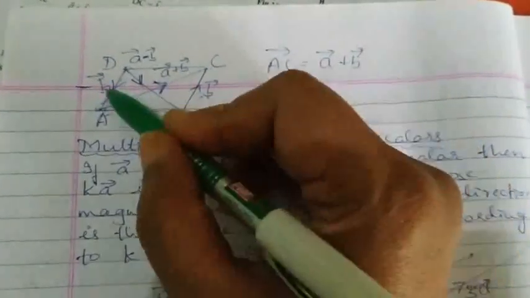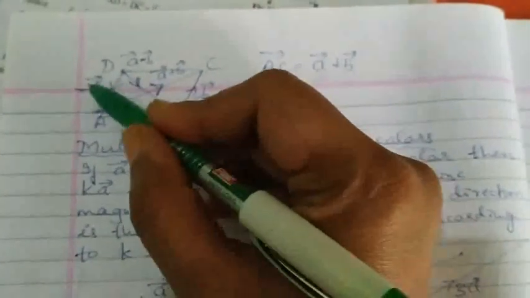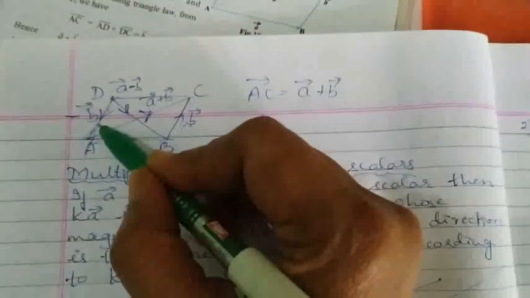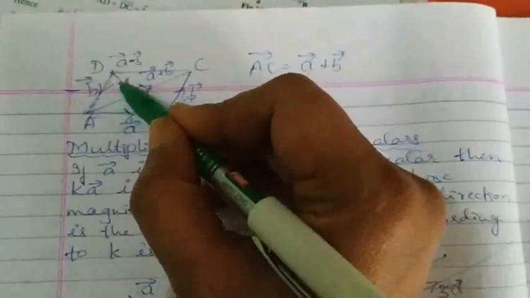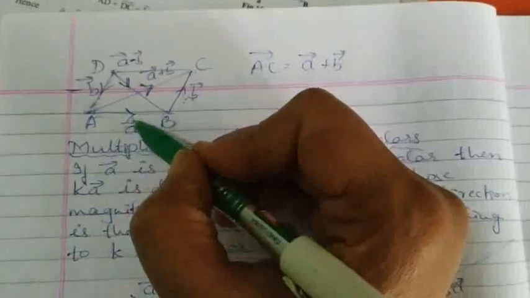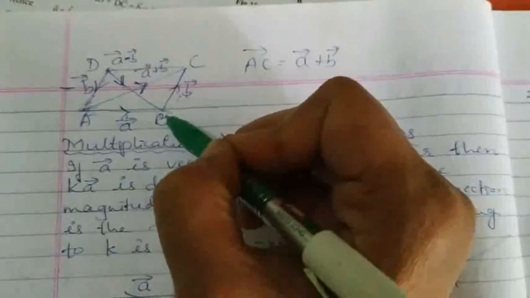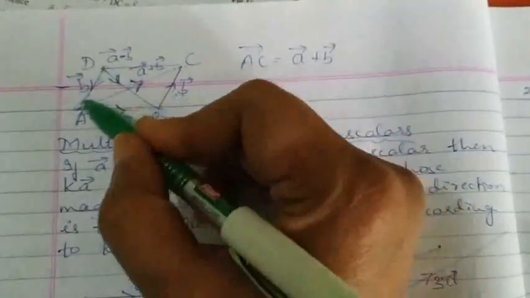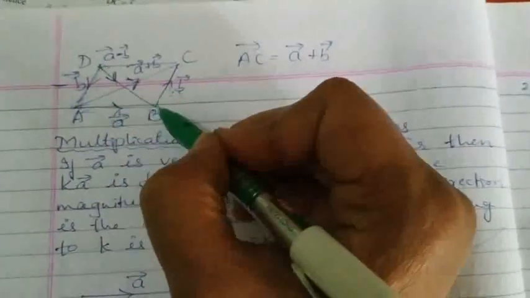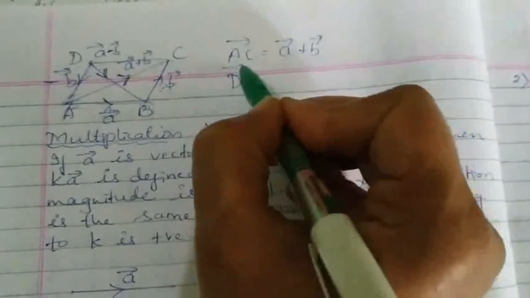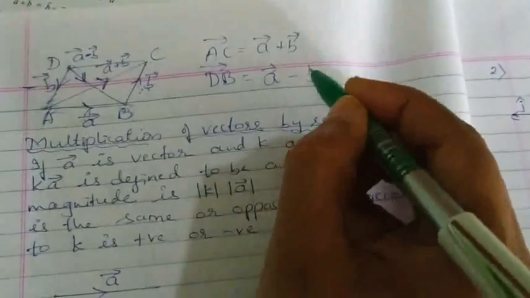But if I make the direction reverse, then DA can be called minus of vector B. Then according to the triangular law of vector addition, DA vector with the proper direction and vector A, AB, I can say the DB vector will be the resultant. Again, by the triangular law of vector addition with the proper direction, the resultant vector DB is equal to vector A minus vector B.